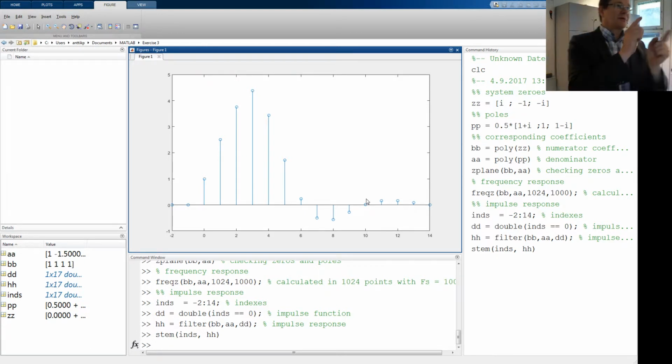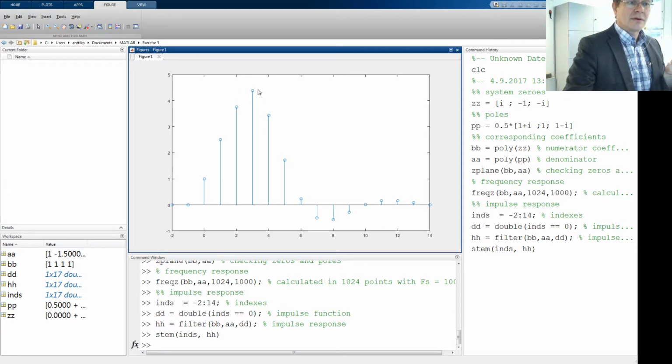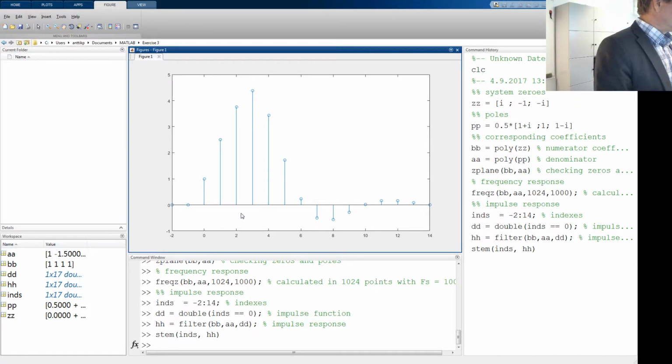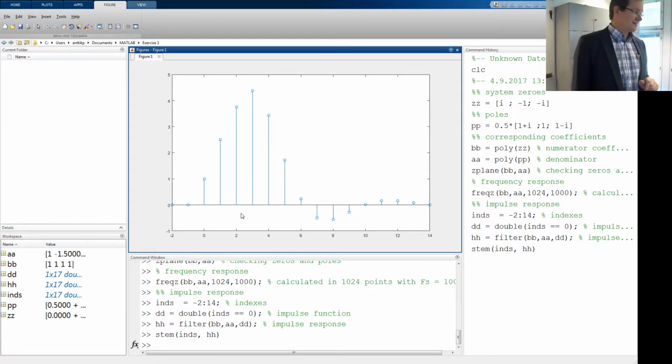So now this is a third order system, which means that after this third point, it should go to 0. But now it doesn't go to 0 here, so it's an infinite impulse response system. It just goes so small in the end that it's hard to see, but it goes forever, with really small amplitude, within the calculation accuracy.